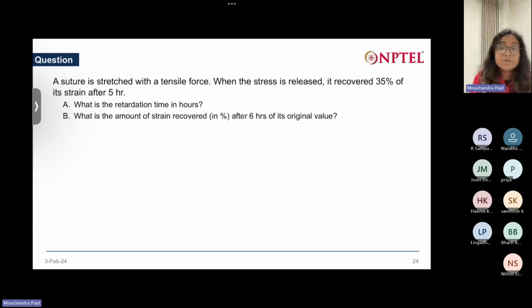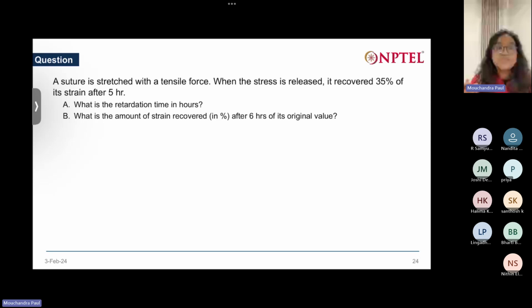It is stretched with a tensile force. When the stress is released, the strain has recovered by 35%. So no, it is not a creep problem, it is a slightly different problem. Just go with the problem, whatever it is saying.